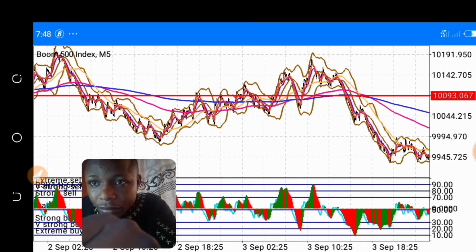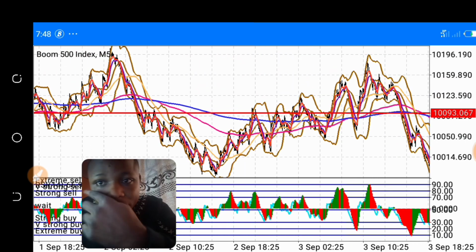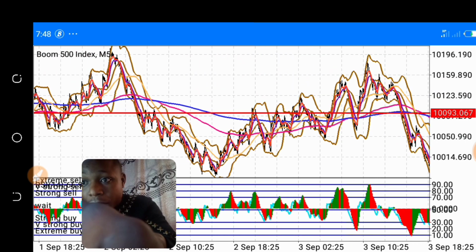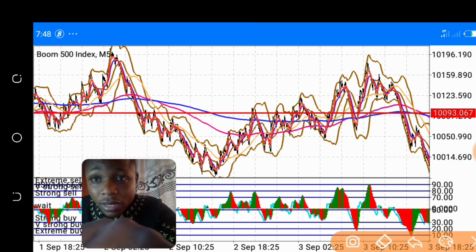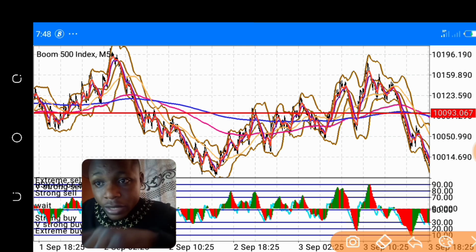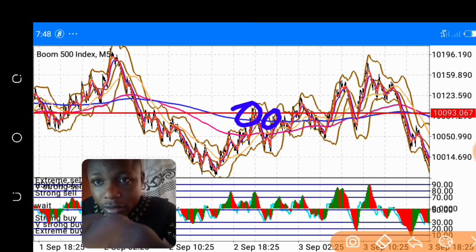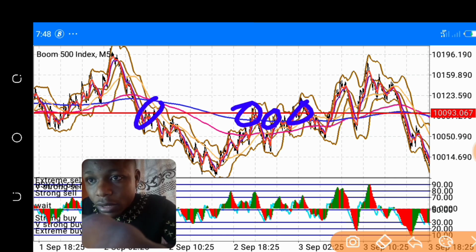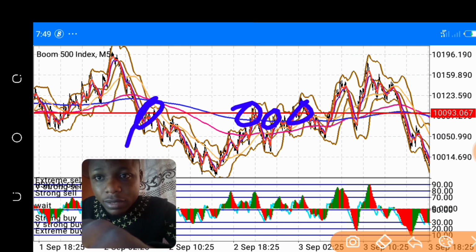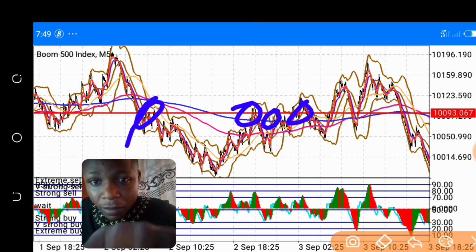Okay, you can see that's the fact. Support levels later turn to resistance, while resistance also turns to support. See the support we drew at that level. See that it was a resistance on this chart on September 3rd.